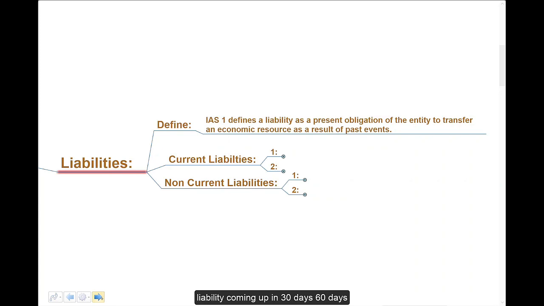There's a liability coming up in 30 days, 60 days, or whatever. Or you have been to the bank, taken out a loan, you've created a liability of $1 million. That will be repaid over the course of time, perhaps monthly, quarterly, etc. So that is certainly an obligation in the future as a result of something that you've done, to pay out, to offset this liability.